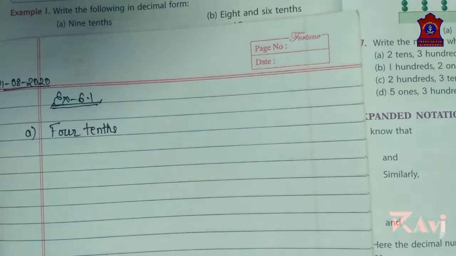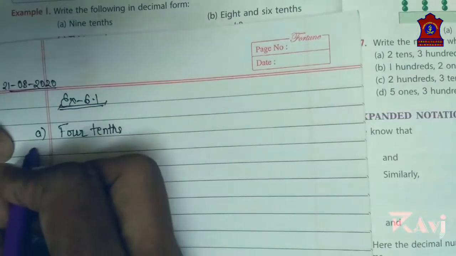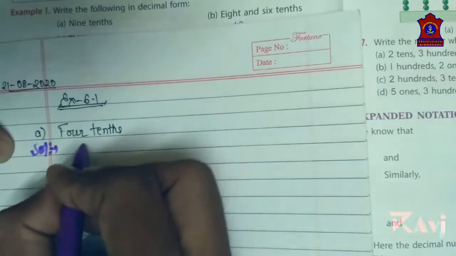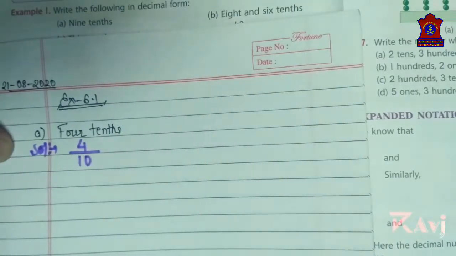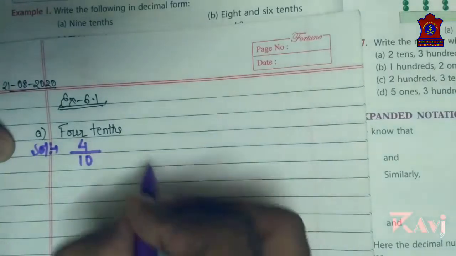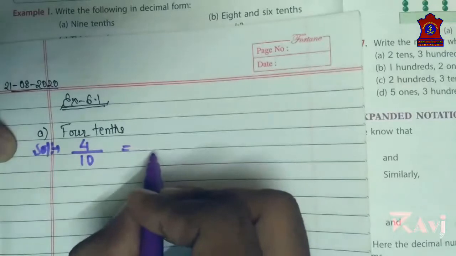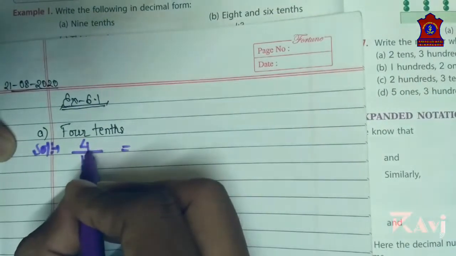So how to solve this? Look at this. 4/10 can be written as 4/10. Look at this numerator. What is there? 4, right?